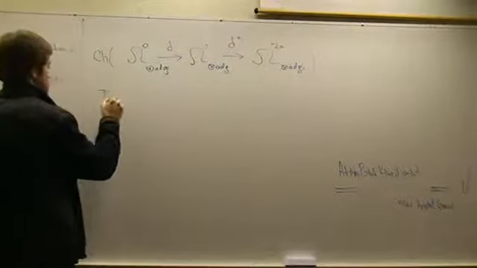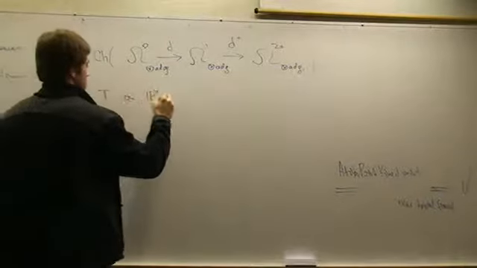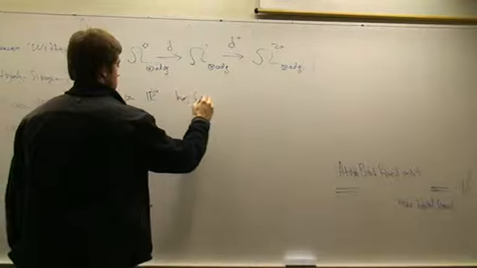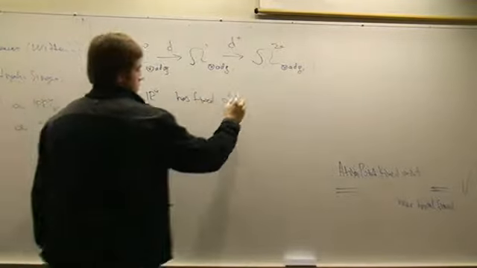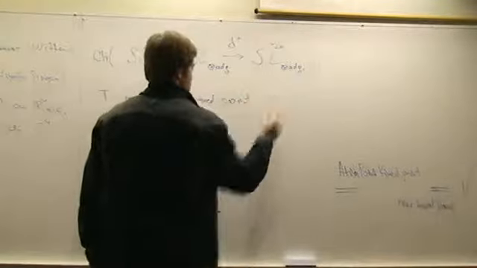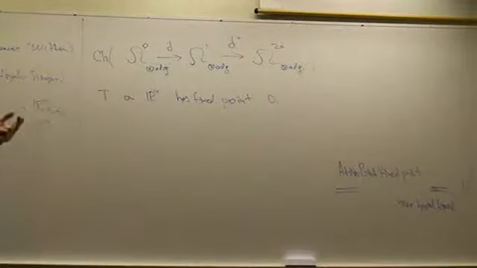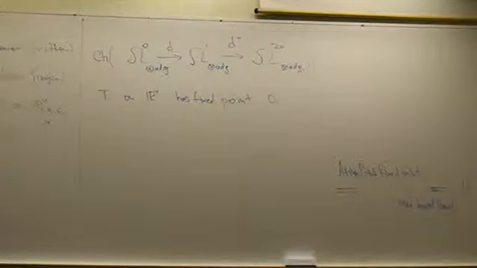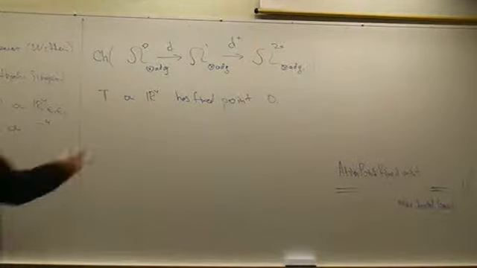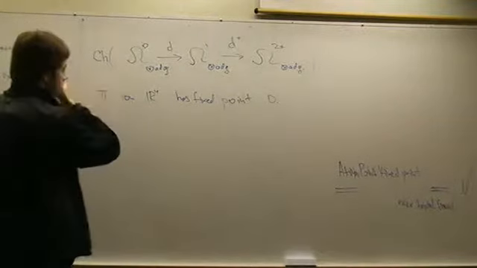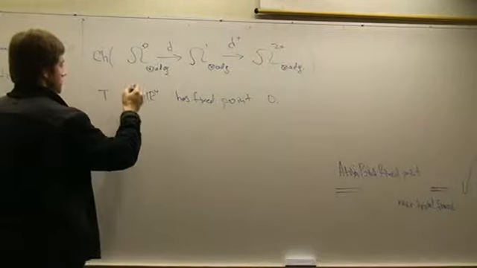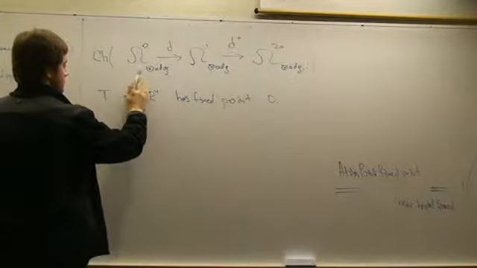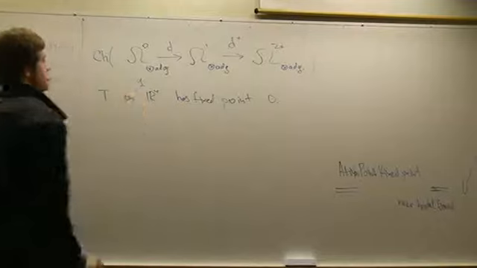So T acting on R4 has fixed point zero, and we need the weights of the T action on the fibers of those bundles. Okay, so let's just write down the weights. Here the functions have trivial weight. So T acts by 1. Connections, the space of connections, are one forms, so dual to vectors, a 4-dimensional space.